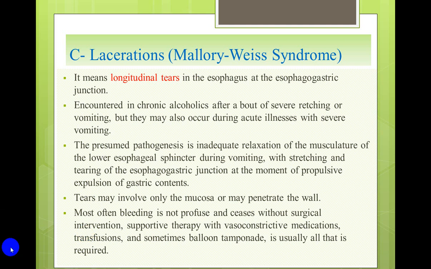So it means a longitudinal tear in the esophagus at the esophagogastric junction. This is encountered in chronic alcoholics after severe retching and vomiting, but it may also occur during acute illnesses with severe vomiting.